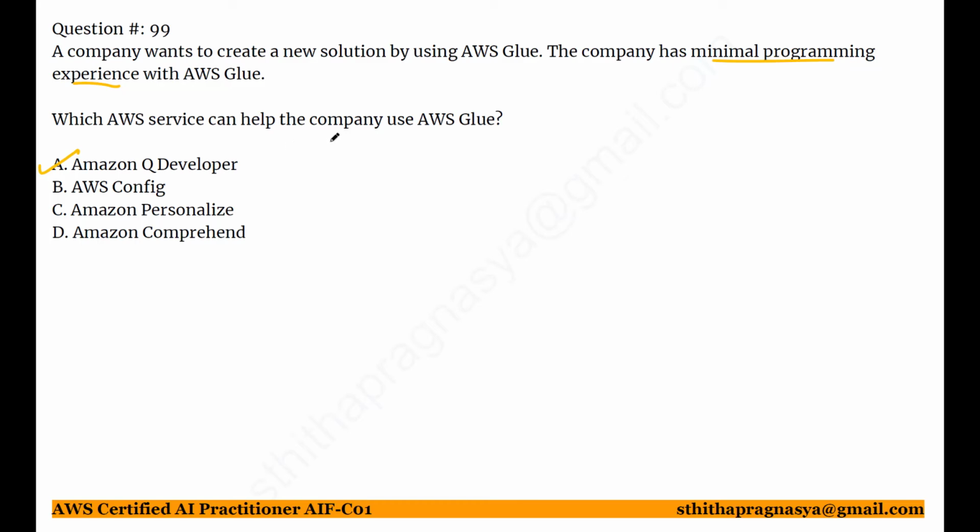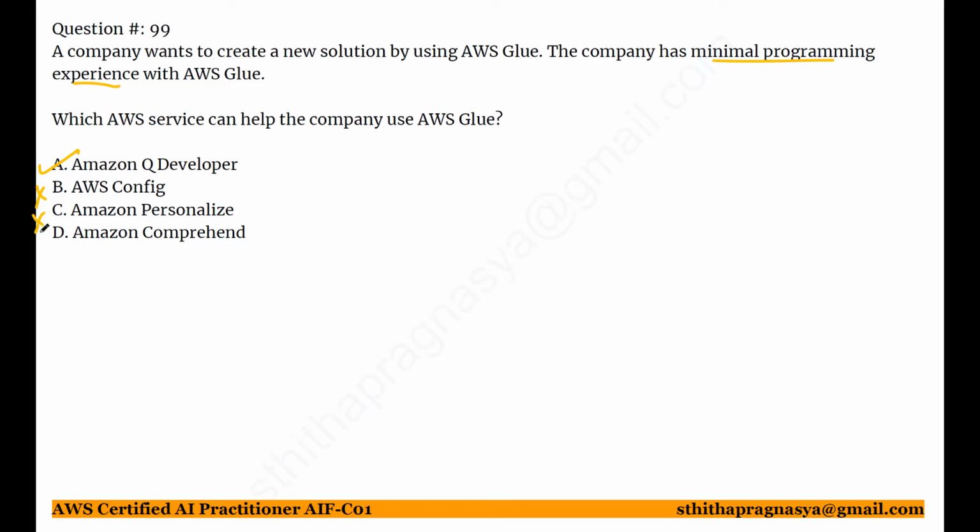For a company with minimal programming experience, Amazon Q Developer is an ideal solution, because it provides conversational assistance to understand and use Glue. It can generate code snippets, offer completions, and even debug and optimize code for AWS Glue workflows. Its integration with IDE simplifies the development process for beginners. So basically, this service aligns directly with the company's needs for using AWS Glue effectively with minimal programming expertise.